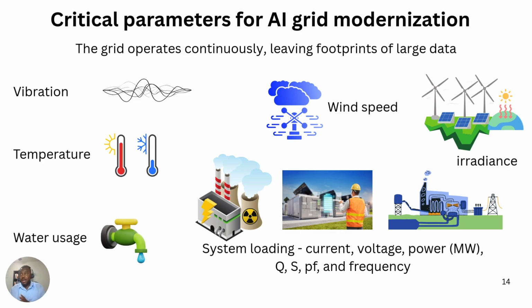It's the same thing if you are in Ghana. The design parameters of building plants in the southern part will not be the same as in the northern part. The northern part is very hot as compared to the southern part.